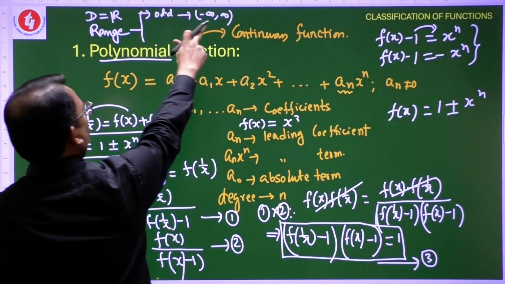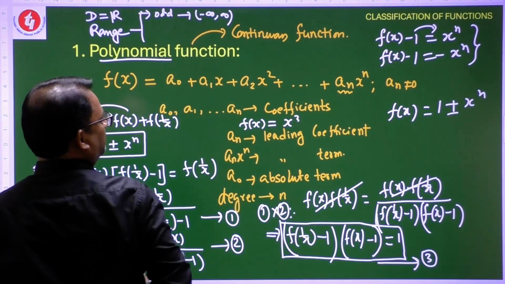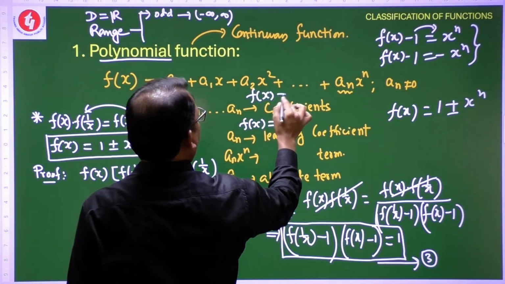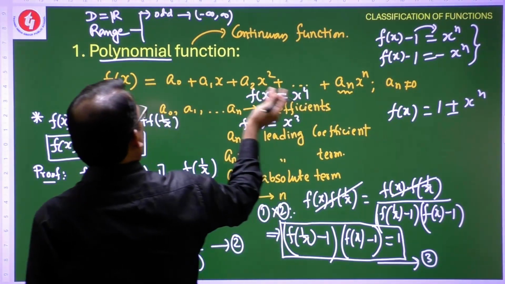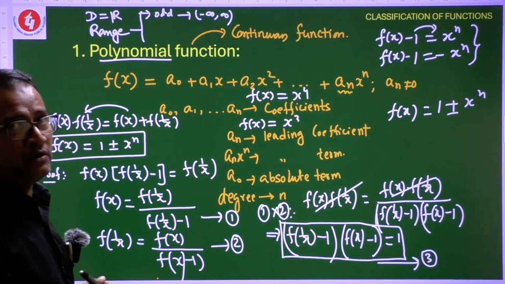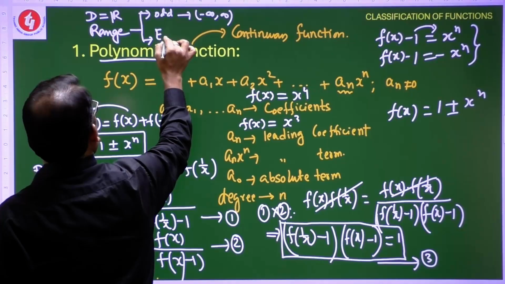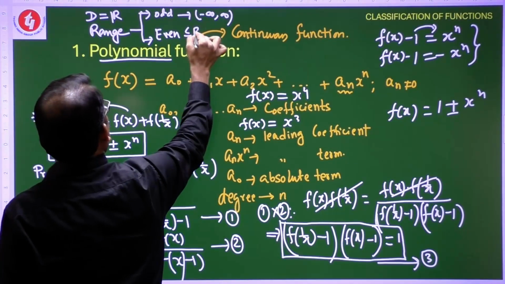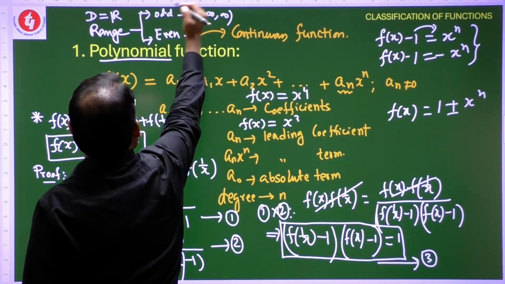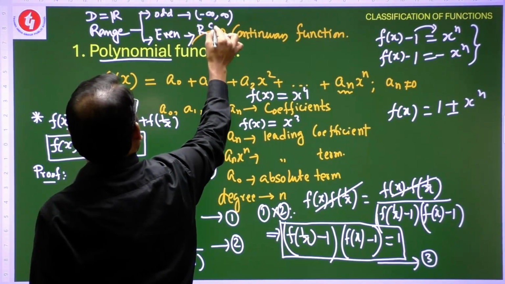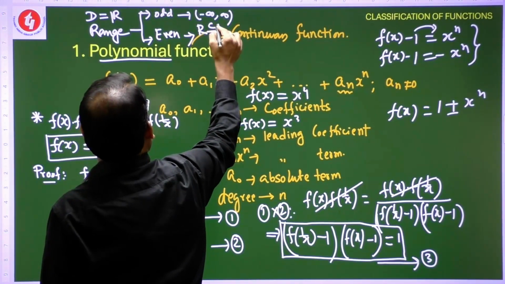So an odd degree polynomial has the range minus infinity to plus infinity, whereas if you have an even degree polynomial, suppose x power 4, then you will get some subset of the real numbers. So if the polynomial is of even degree, then its range will be a subset of the real numbers.